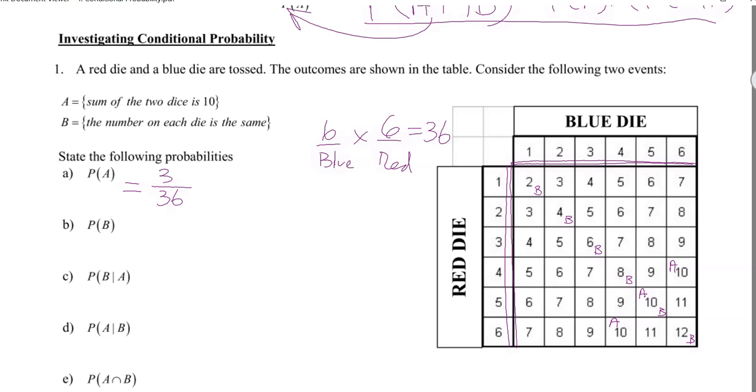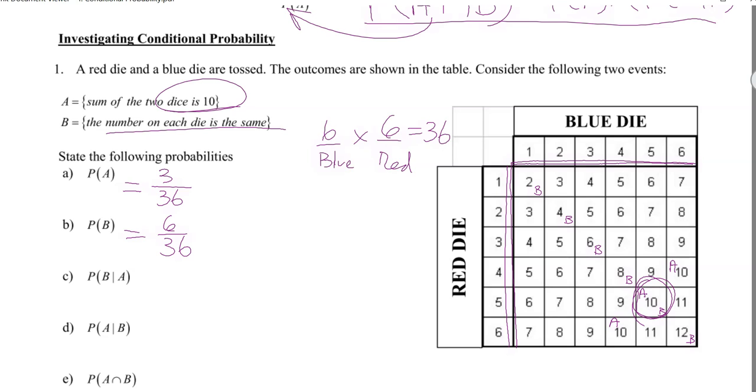The probability of event B, the numbers being the same, is 6 out of 36. Now the probability of B given A, so the probability that the numbers are the same given that the sum is 10. That's this one here.